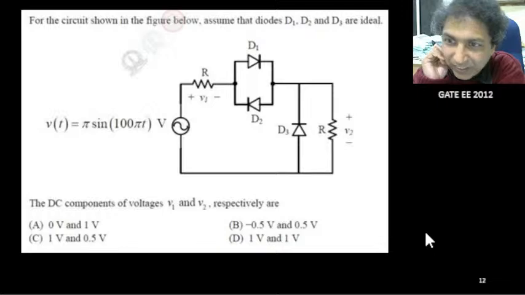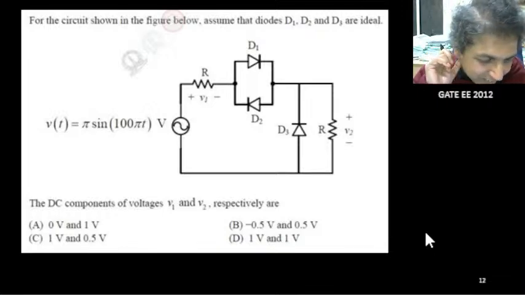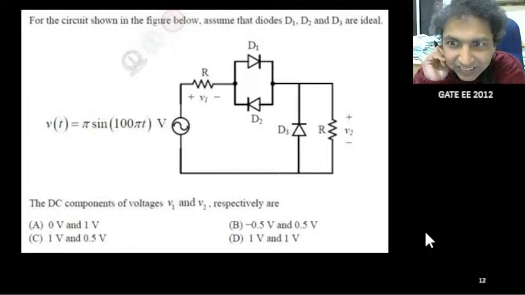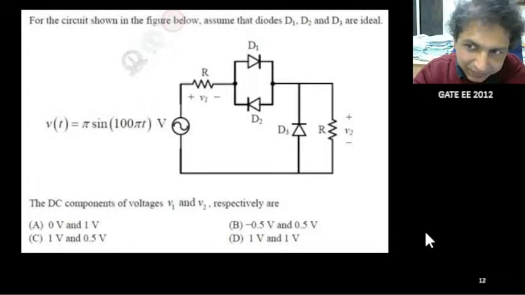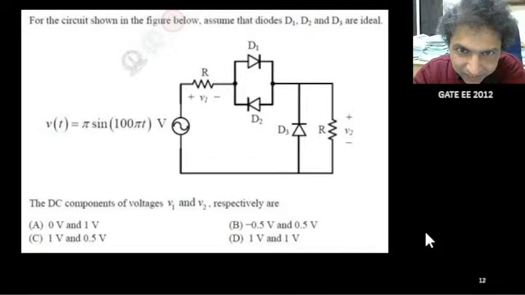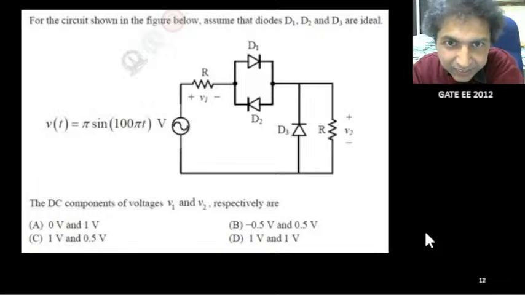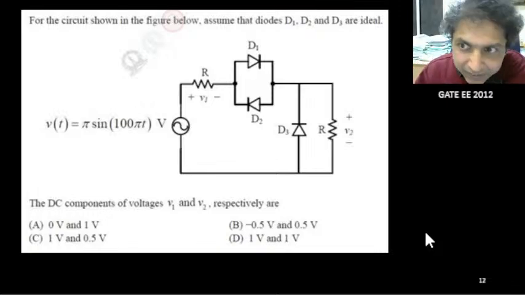Yes, option B looks correct, but it is a really challenging concept. Okay, so how to analyze this one? It's really difficult.